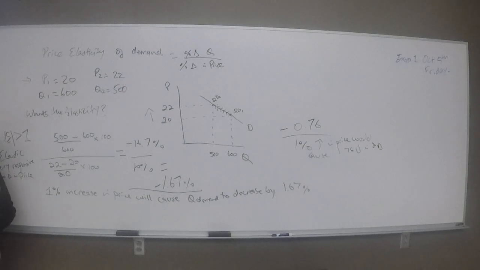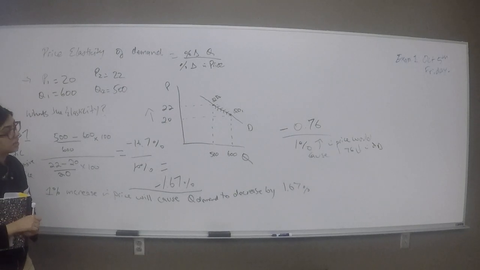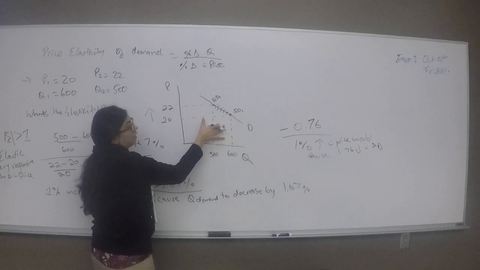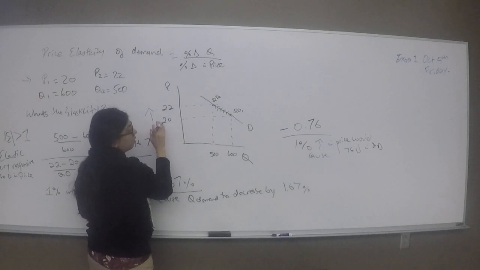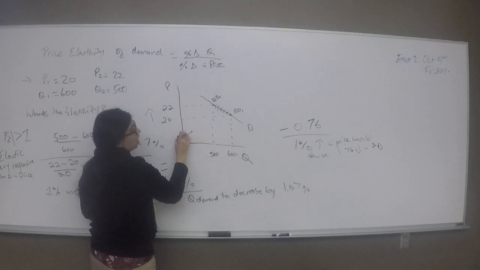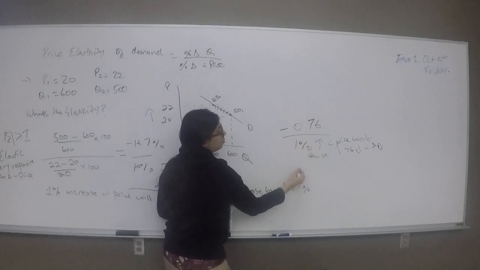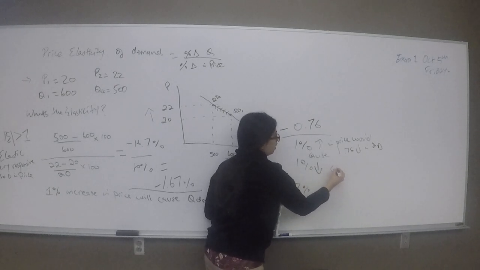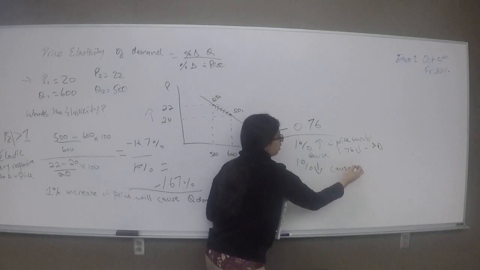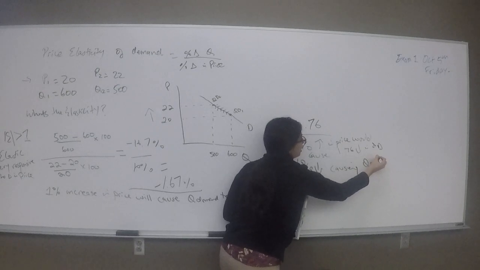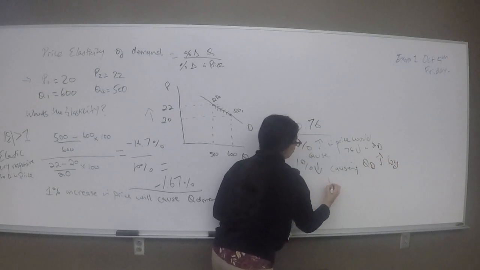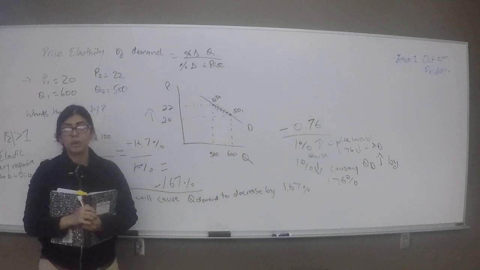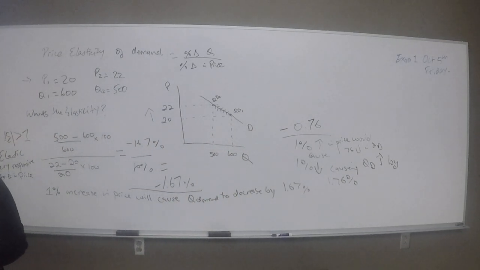It's always responsiveness to change in quantity demand. So a 1% increase in price, or it could be a 1% decrease in price, is causing quantity demand to increase by 1.76%. It could be like that. Does that make sense?